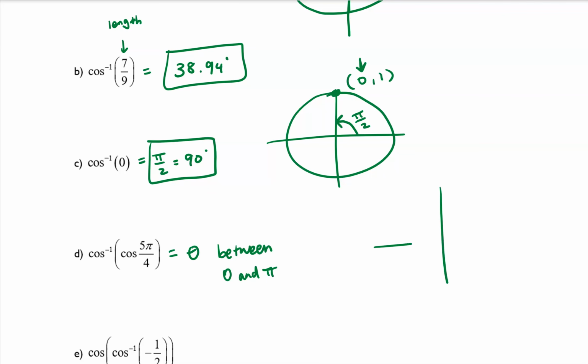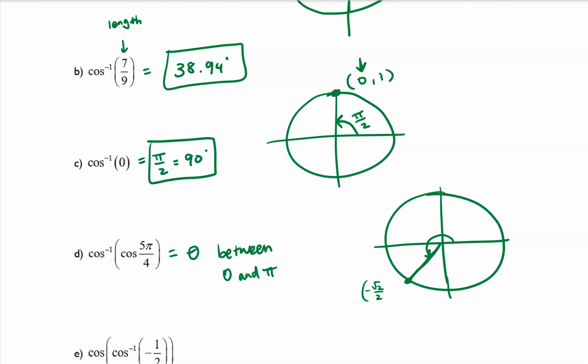And so we need to draw our unit circle to think of where our angle is. And so our angle needs to be in either quadrant 1 or quadrant 2. 5 pi over 4 is in quadrant 3, and the cosine value is negative root 2 over 2.